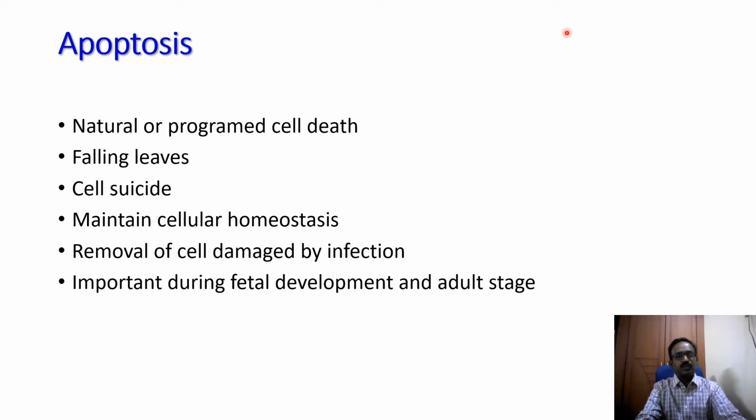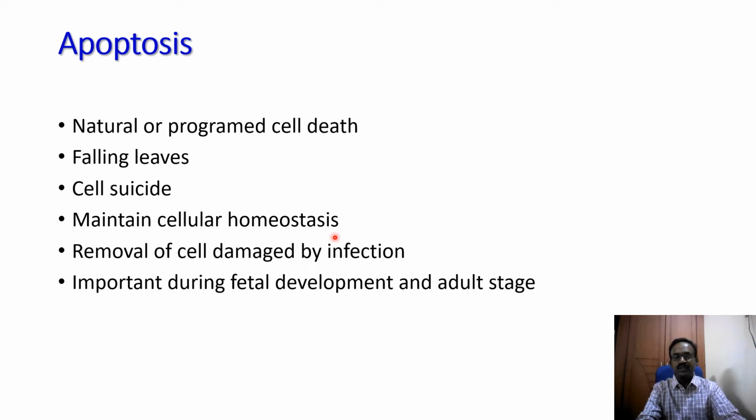The purpose of apoptosis is to remove unwanted cells without causing any stress or damage to the neighboring cells. So it plays an important role in cellular homeostasis. Every day, 10 million cells are produced in the human body by mitosis.